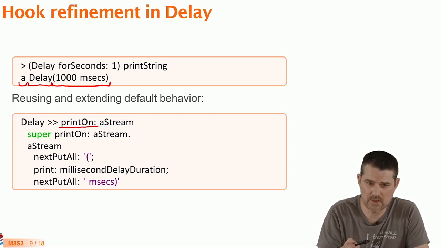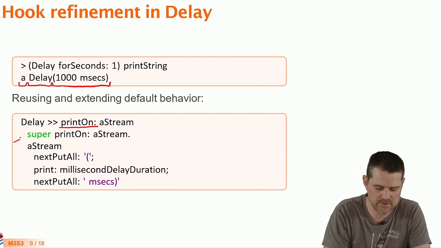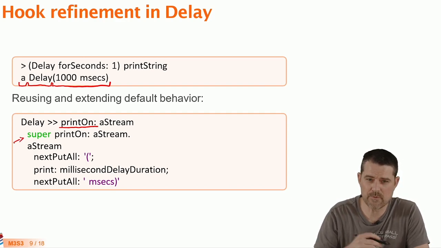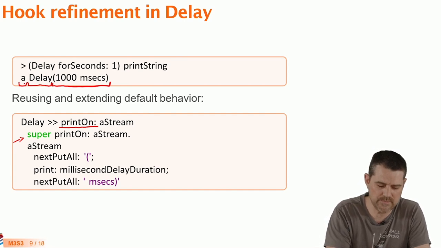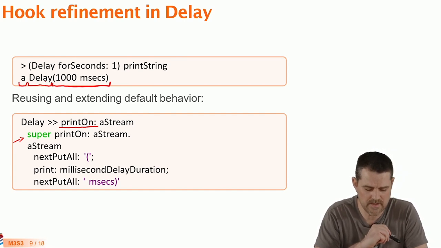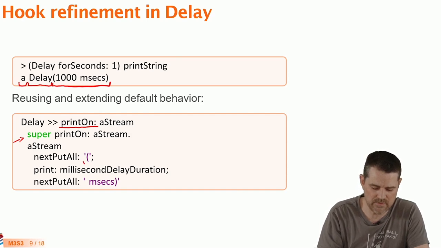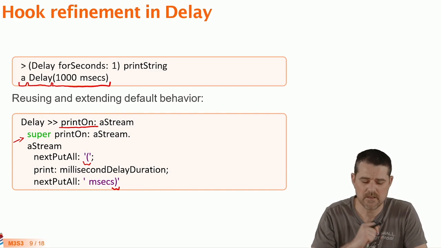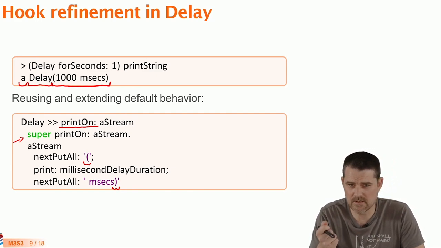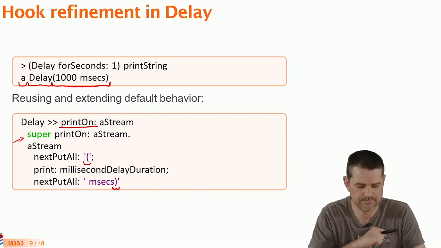And this is an extension of the default behavior because there is a super call here. So we reuse the default implementation from Object that displays the article and the class name, and then we extend it by adding the duration of the delay between parentheses here. So in the Delay class we extended the default implementation of the hook printOn:.